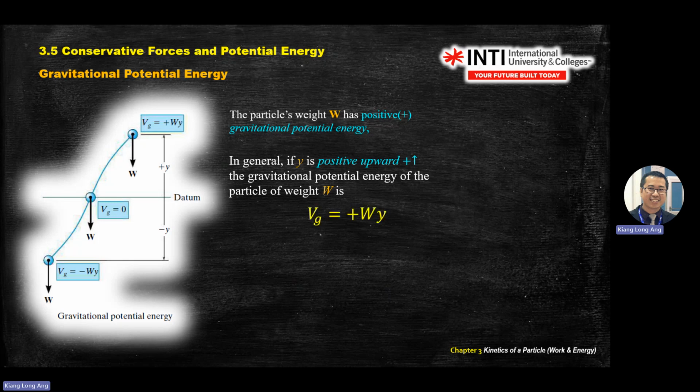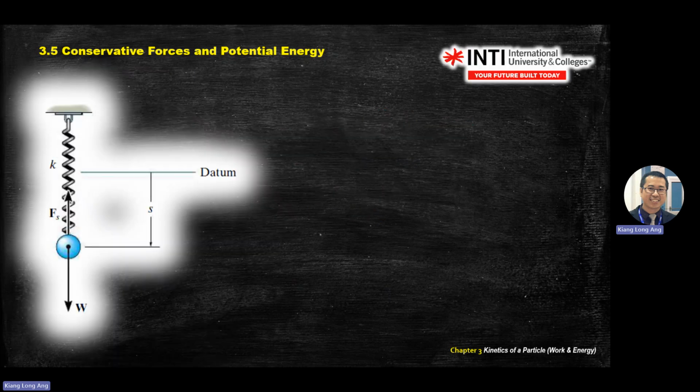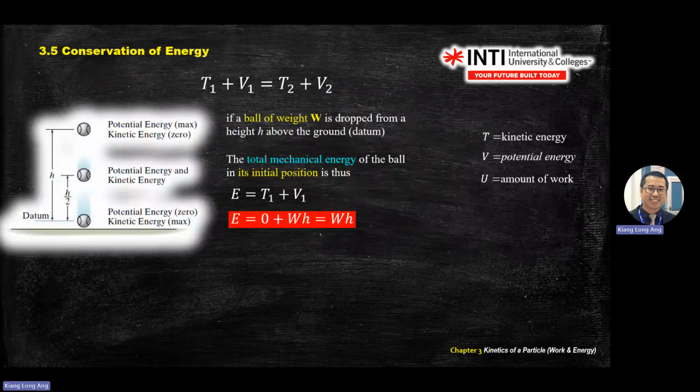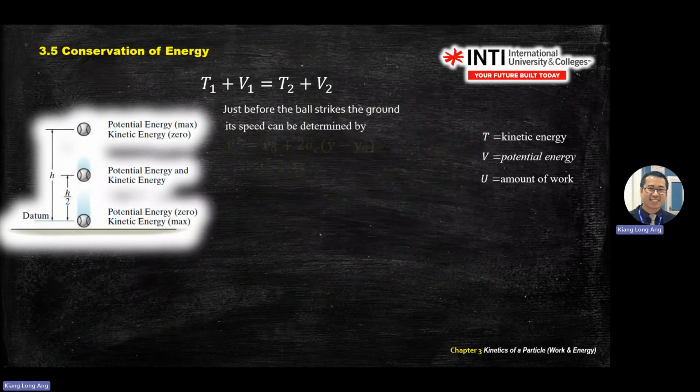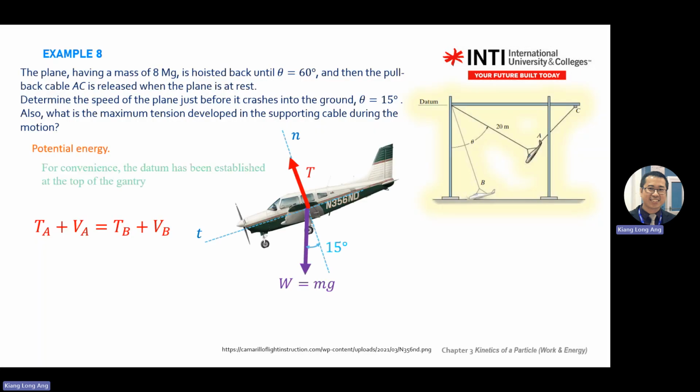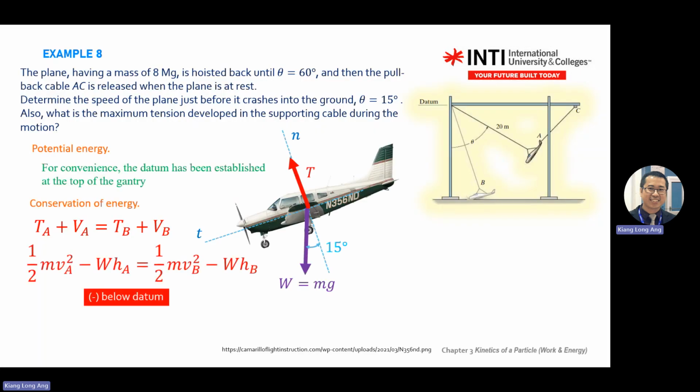Okay, so go back to the question. Same with B. At position B, you have kinetic energy, half mv square, and potential energy, why negative again?